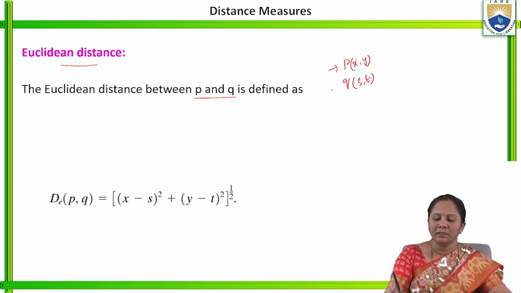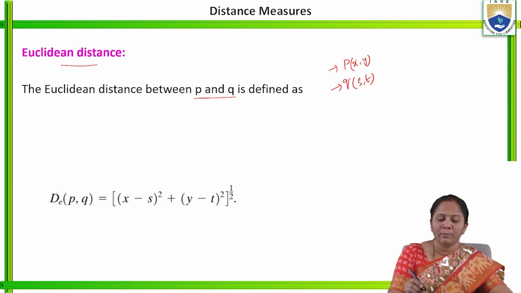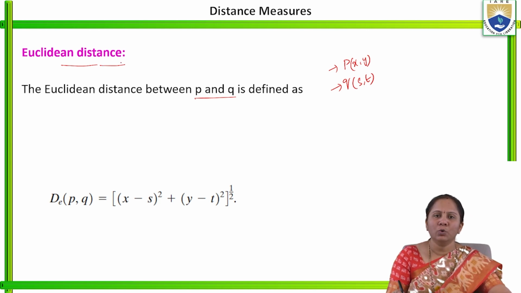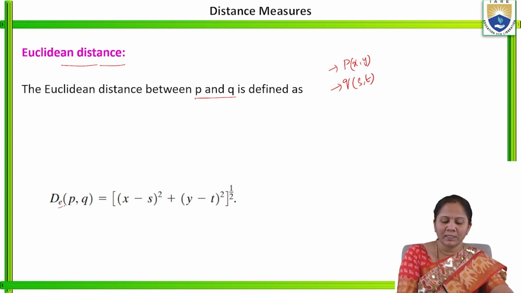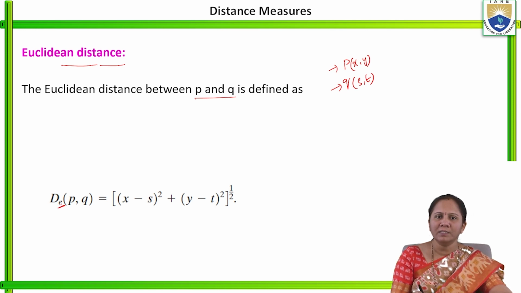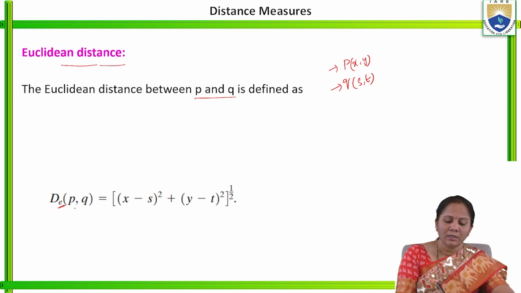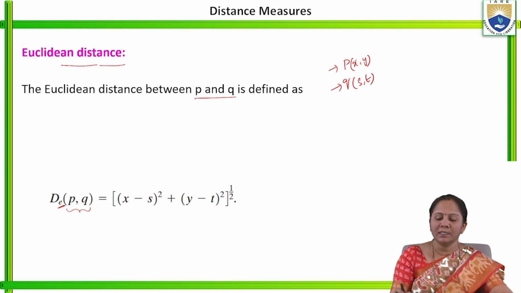Considering these two pixels, in order to find the distance using the Euclidean distance formula, here the formula is D_e, where the small e represents Euclidean, between the two pixels P and Q.